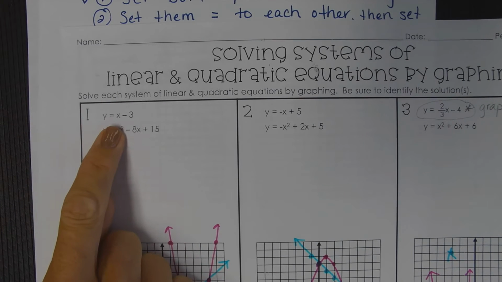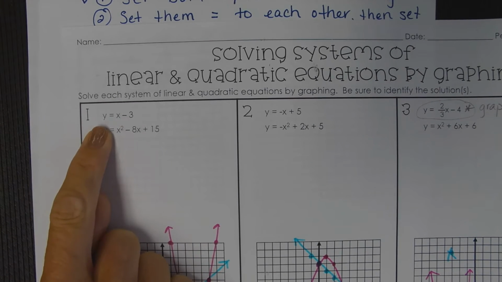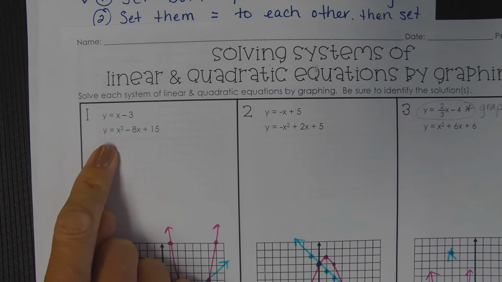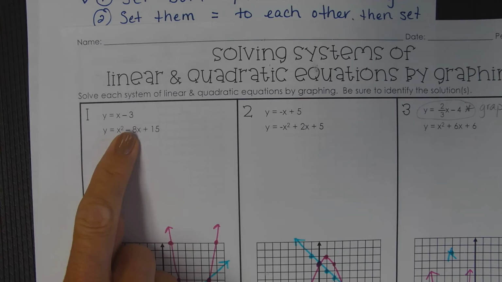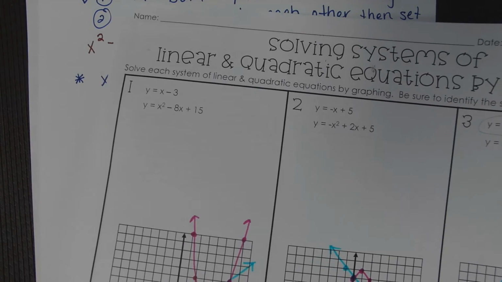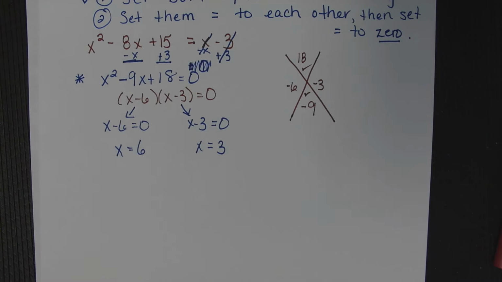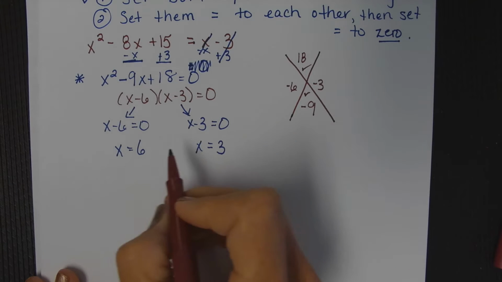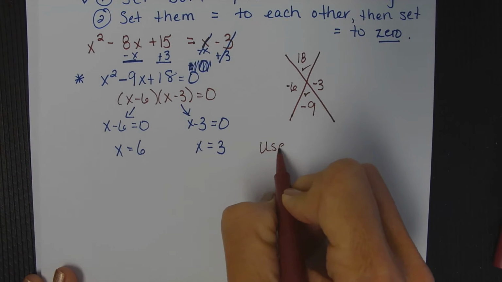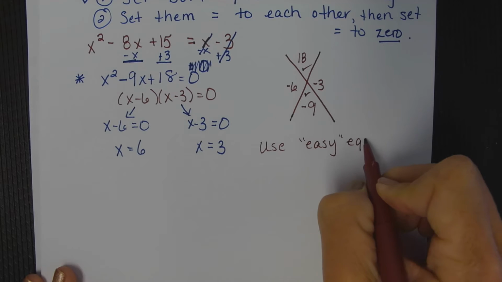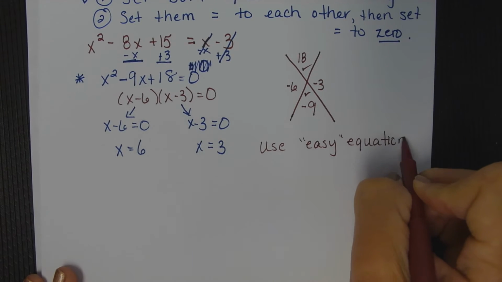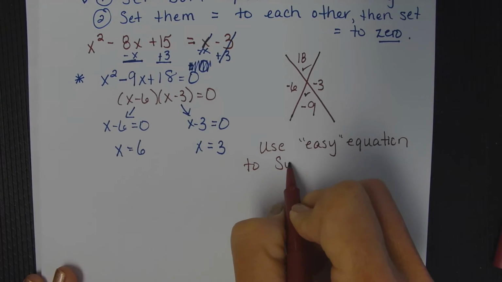You take your x, you solve for y. Wouldn't you rather do the first equation instead of the second one? My opinion is definitely the first one. Okay, so here's where we are. You're now going to use the easy equation to substitute.